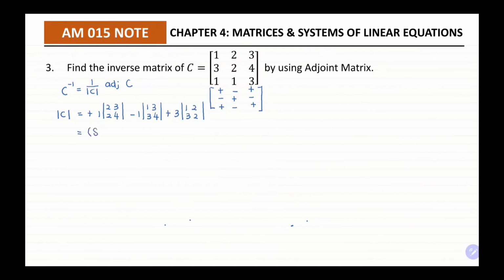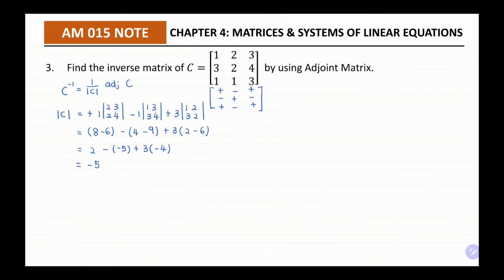So 8 minus 6, minus 4 minus 9, plus 3 times 2 minus 6. So we get 2 minus negative 5 plus 3 times negative 4. So equals 2 plus 5, 7. 7 minus 12, negative 5. So our determinant is negative 5.